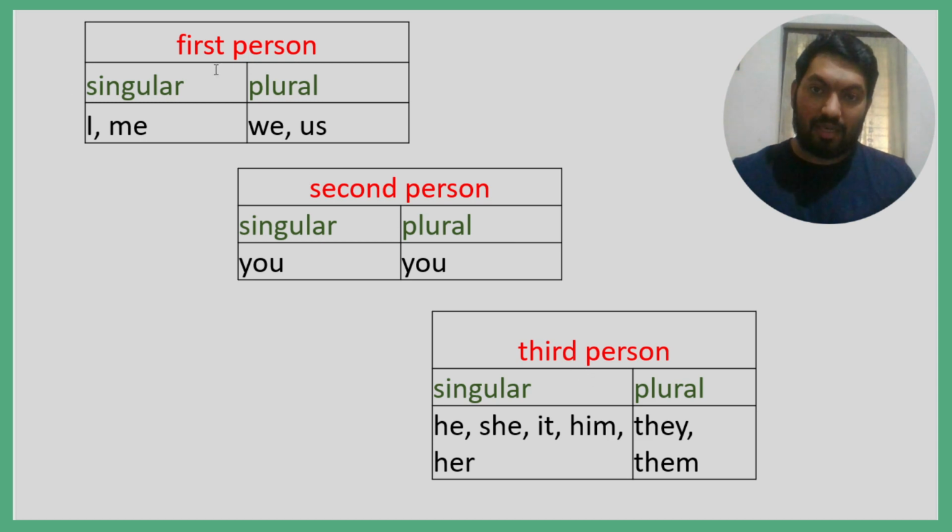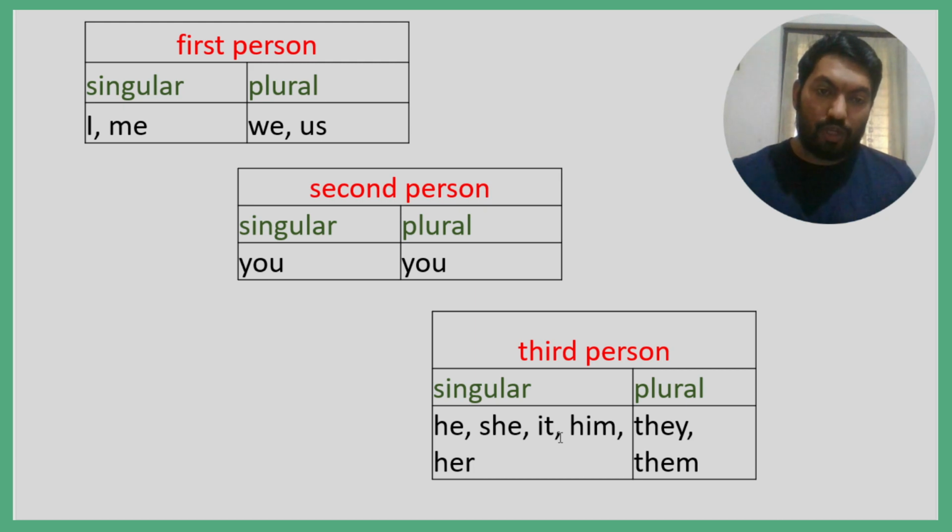In the first person singular, it will be I and me. In the first person plural, it will be we, us. In the second person, singular and plural stay the same: you. In the third person singular, it will be he, she, it.